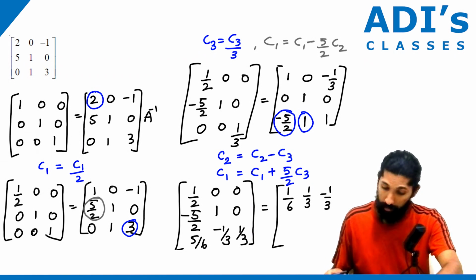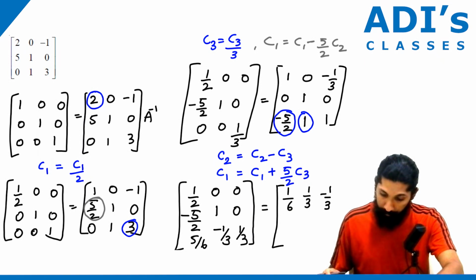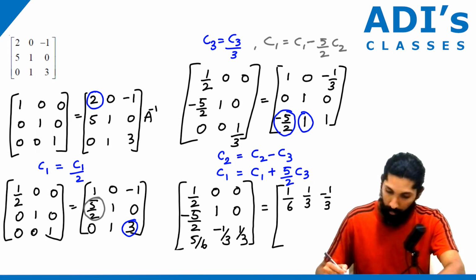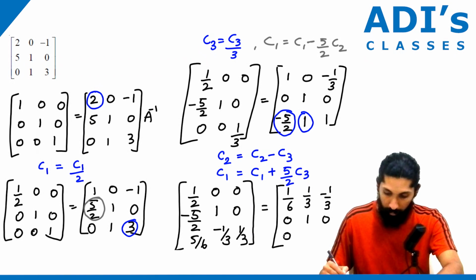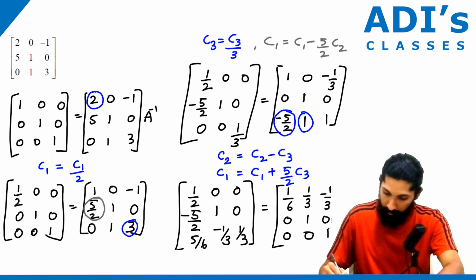This is the first one. Second one, this is going to become 0 plus 0. So there is no change in this one. So this is going to be 0. 1 minus 0 is still 1. This is going to be 0. Now this is going to become 0 because minus 5 by 2 plus 5 by 2. 0, 0, 1.